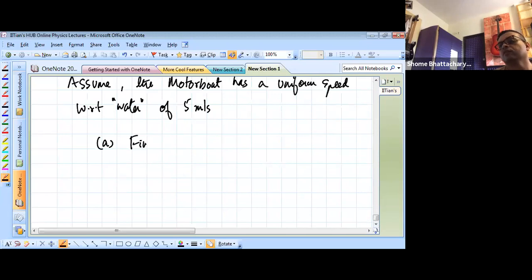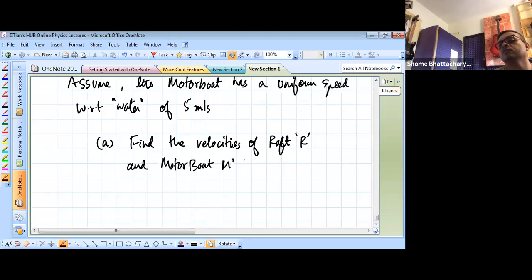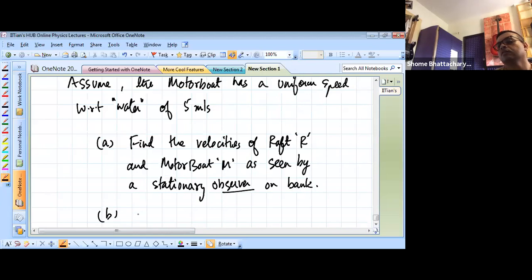So find the velocities of the raft R and motorboat M as seen by a stationary observer on the bank, and find the velocity of the motorboat as seen by the raft.